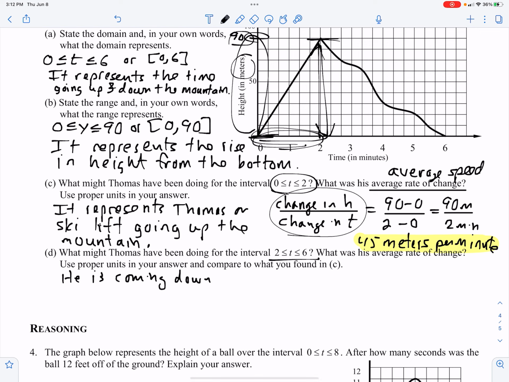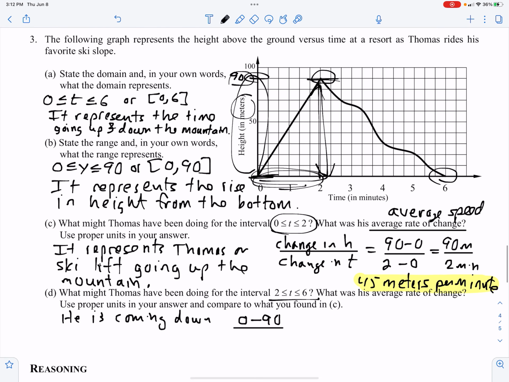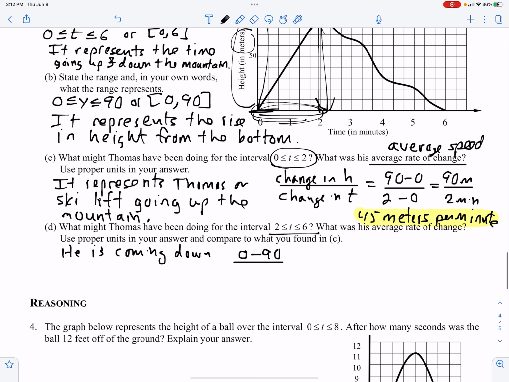It's the same idea, change in height over change in time, but this time the change in height is 0 minus 90 because the final height is 0, the initial height is 90 all the way at the top. You're going in a negative direction, you're going downwards.